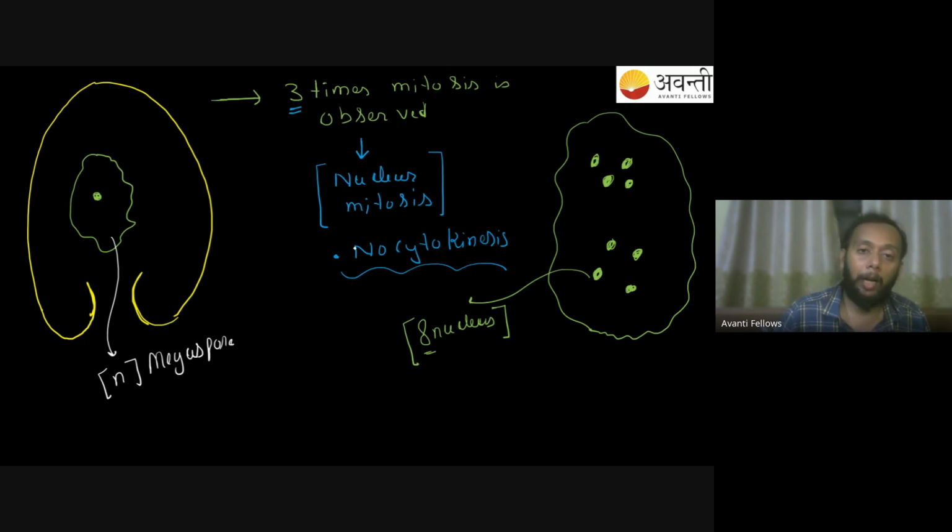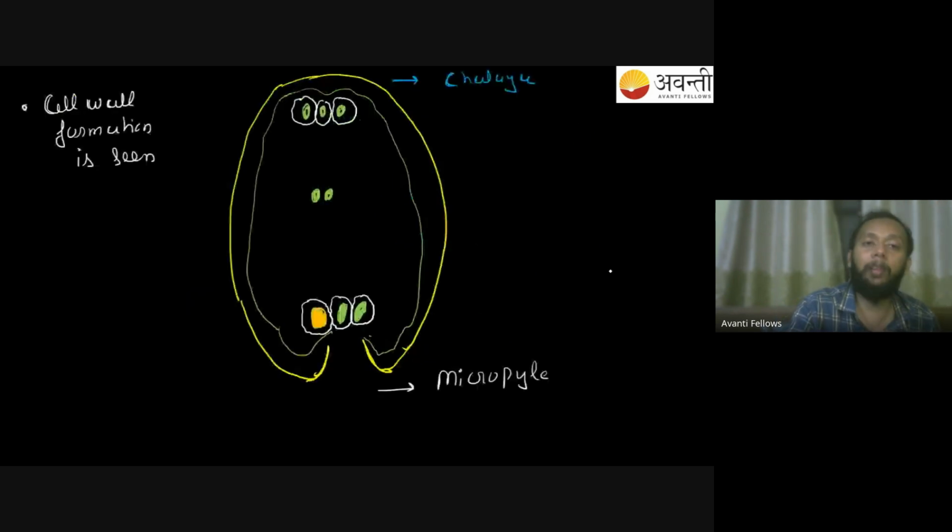After nuclear mitosis, 8 nuclei will be formed, and this 8-nucleated structure can be seen getting formed over there. These 8 nuclei will get themselves arranged at certain locations. Once they are arranged, cell wall formation will be observed. Then you can see you have 3 cells at the top, 3 cells at the bottom, right?